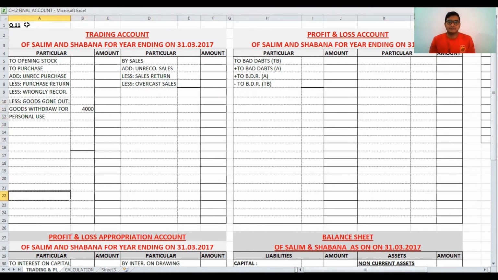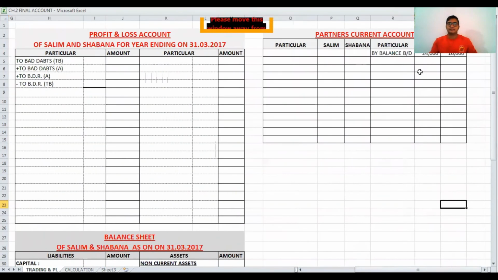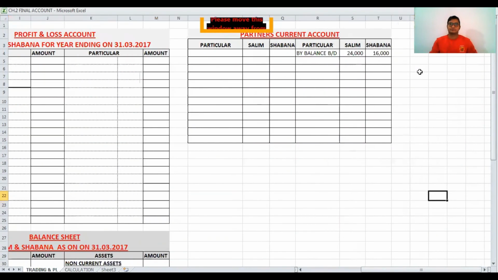And the second entry: if any partner withdraws goods, then it is debited to the partner's capital account. So now in the partner's capital account, on the debit side, we have to write 'to drawings', and in the Salim column the drawing amount is 4,000.